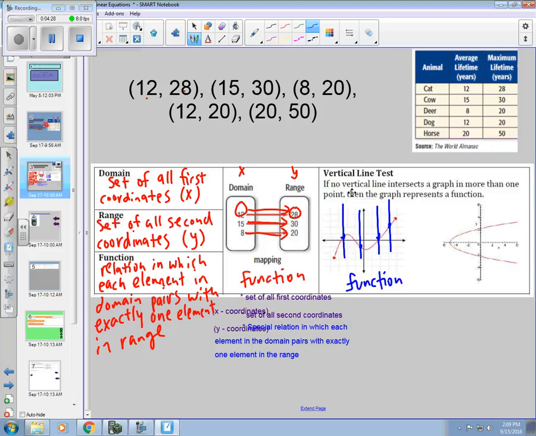On this second example, if I draw a line right here through 4, you can see it intersects at 2 places. We would say that this then is not a function. The reason being is we have a point right here at the location 4, 2. There's another point here at the location 4, -2.